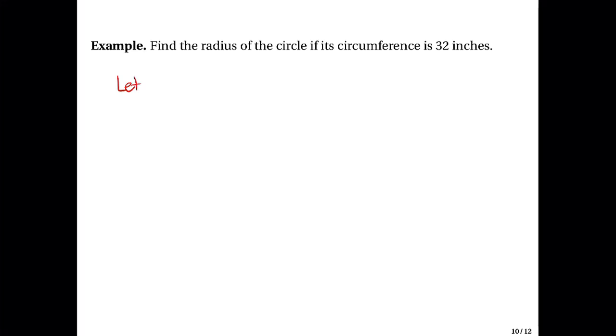So in here, we let r be the radius of the circle. Then we know 2 pi r is the circumference. So let me just write this.